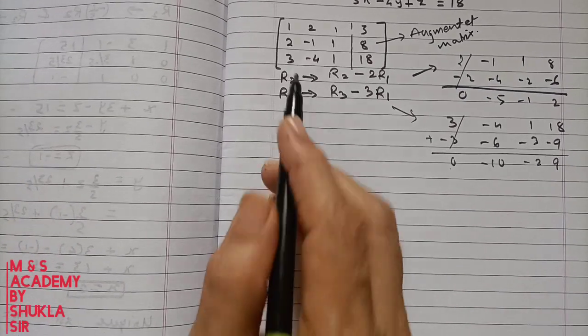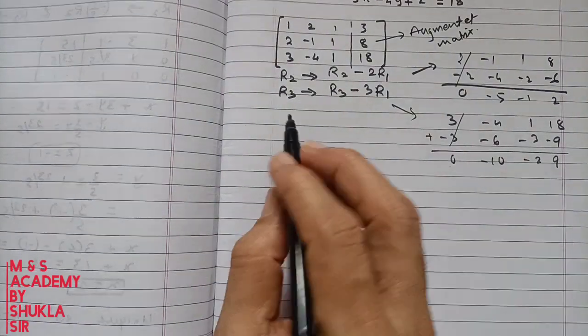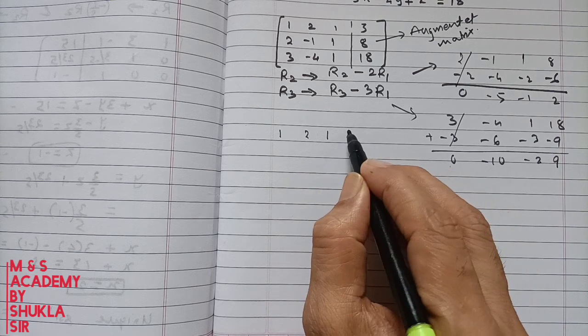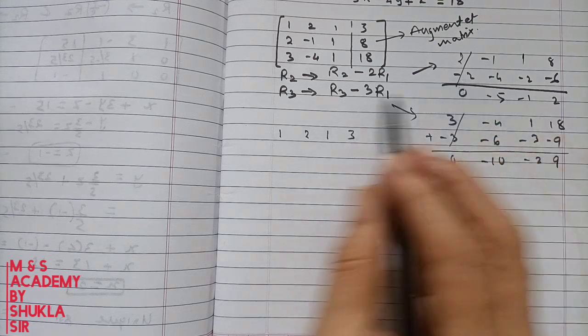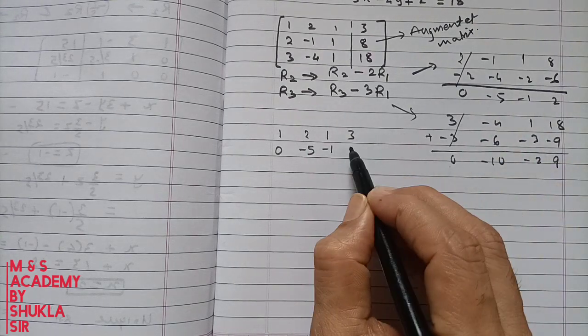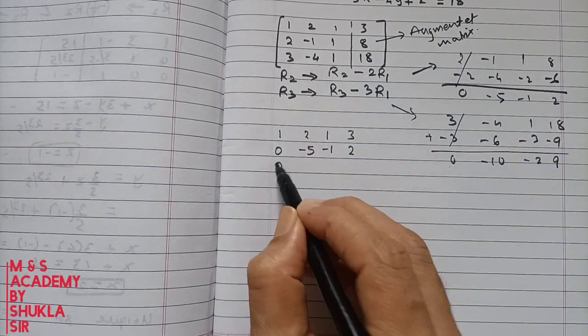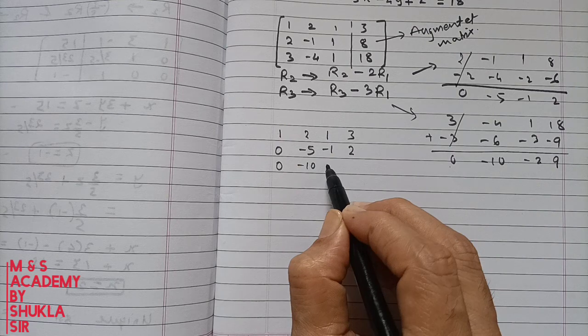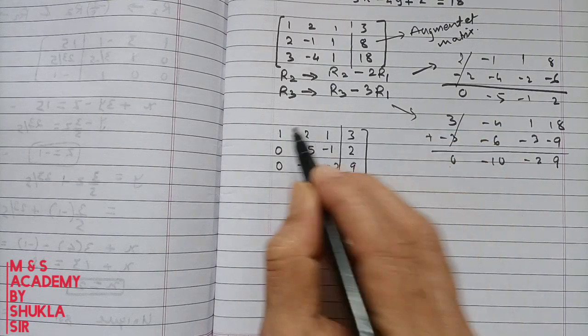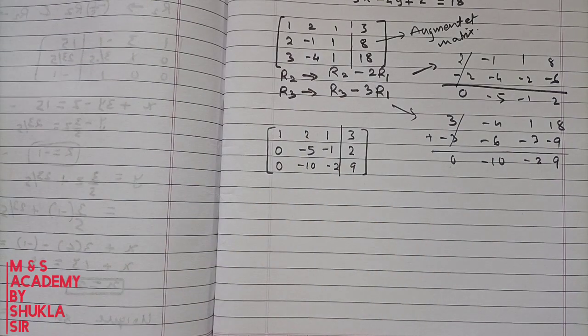Now we'll write this element 1 2 1 3. Now this is the second row, so we'll write 0 minus 5 minus 1 2, this is 0 minus 10, this is minus 2, this is 9.